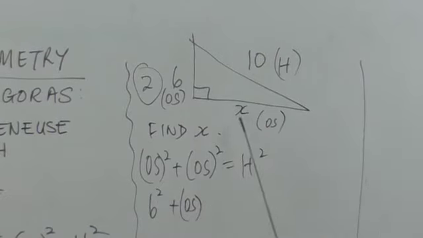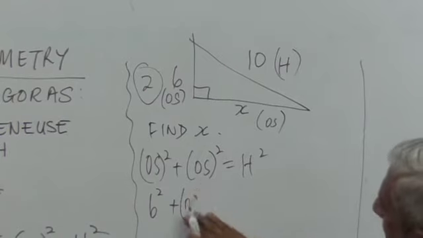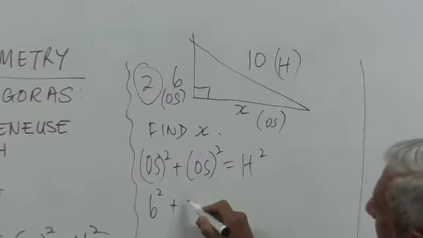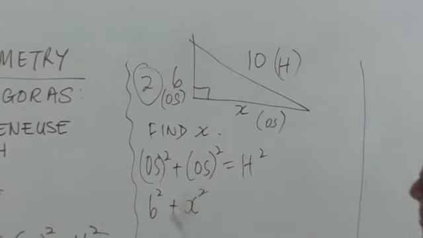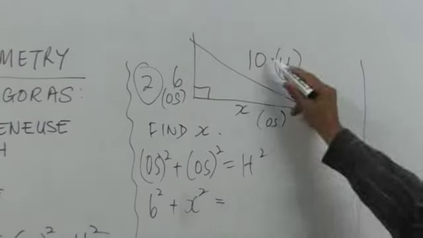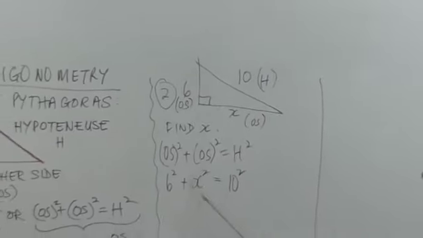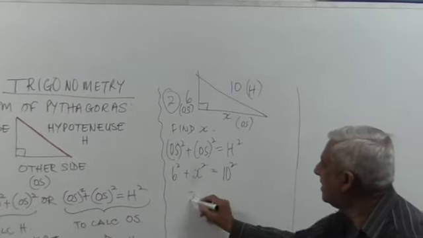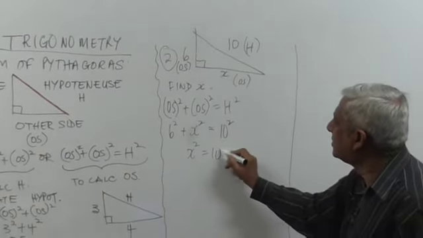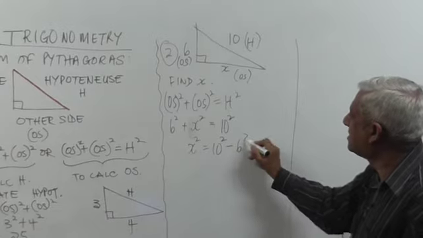Oh, sorry, this side is x. So we'll write x squared. That side is 6, this side is x. So you write x squared is equal to the hypotenuse, which is 10 squared. Now you are solving for x. So you'll say x squared is equal to 10 squared minus 6 squared.